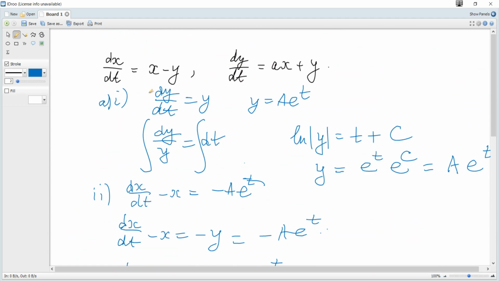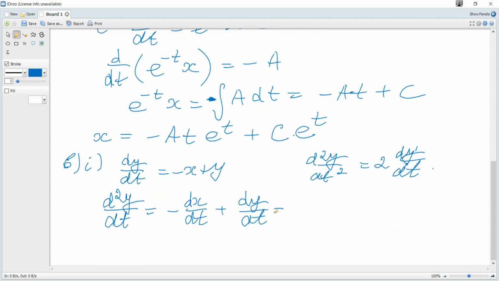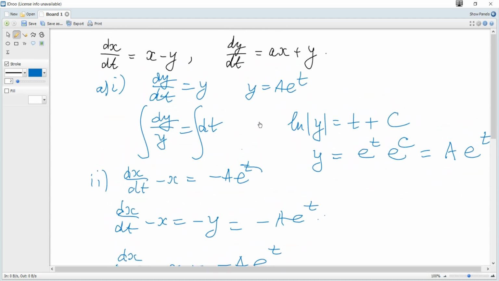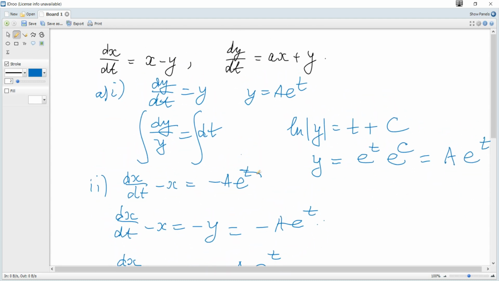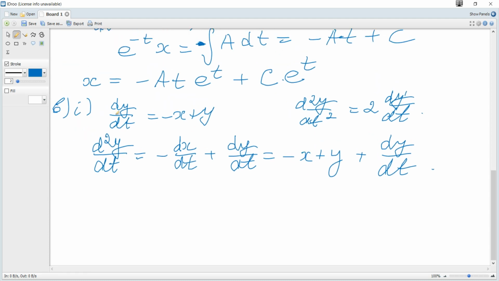We can use dx/dt = x − y, so it becomes −(x − y), that is −x + y, plus dy/dt. We can see that −x + y is dy/dt, hence it's 2 multiplied by dy/dt, as required.